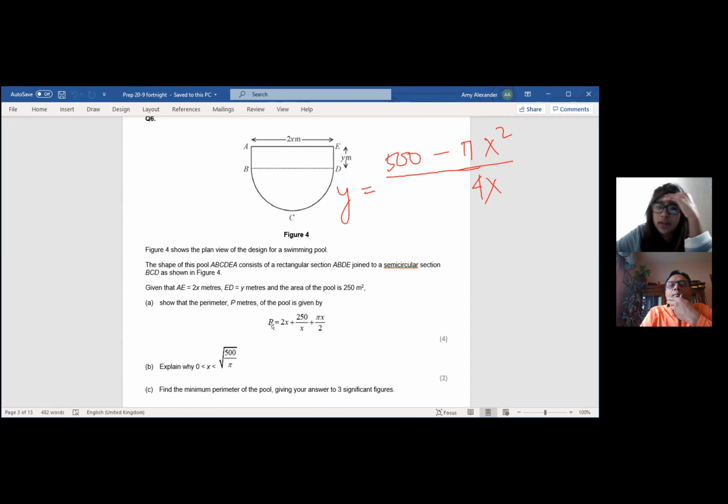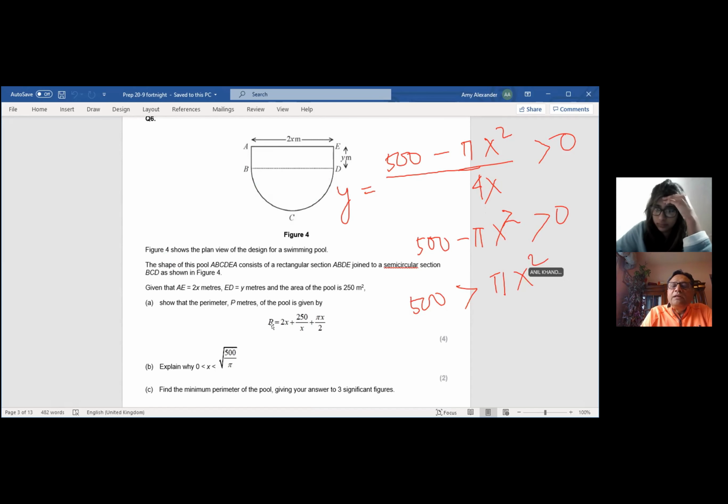But it has to be positive. Basically, this has to be greater than 0. So the numerator cannot be negative, right? So we have 500 minus pi x squared should be greater than 0. So that means 500 is greater than pi x squared, correct? So you can divide by pi, so you get 500 over pi is greater than x squared, correct?